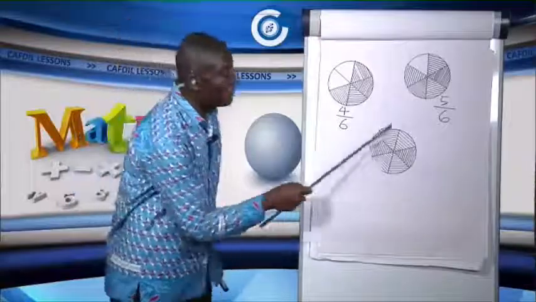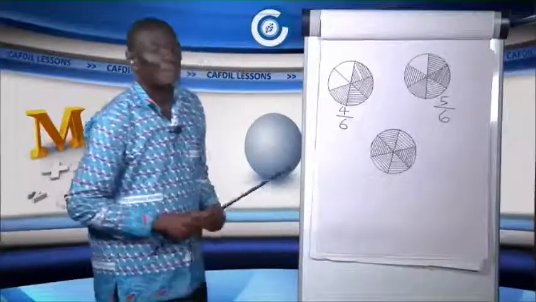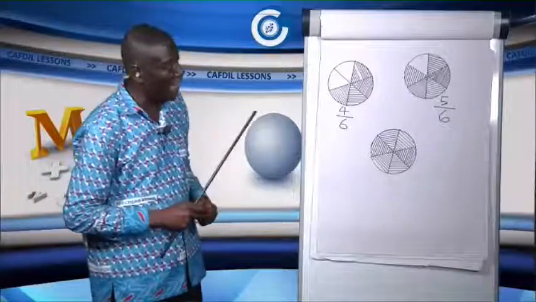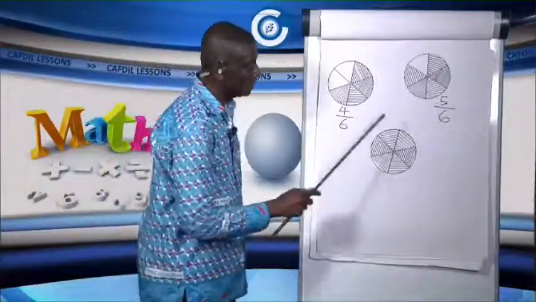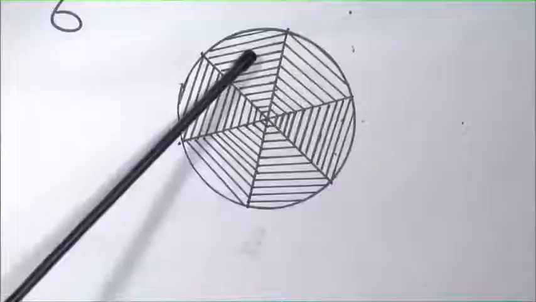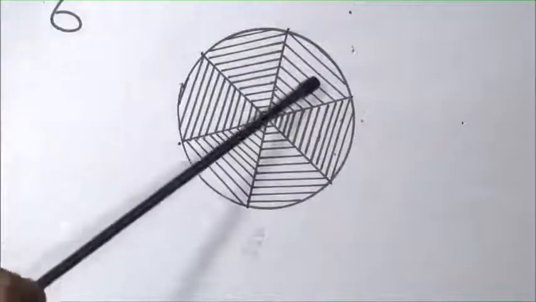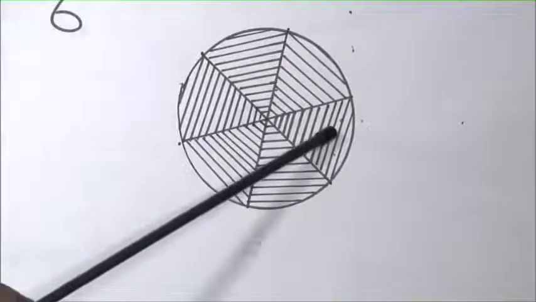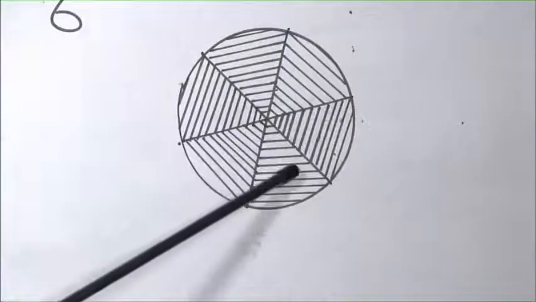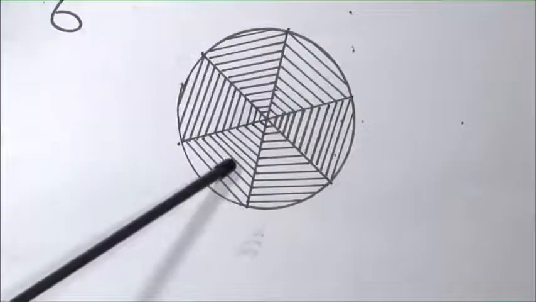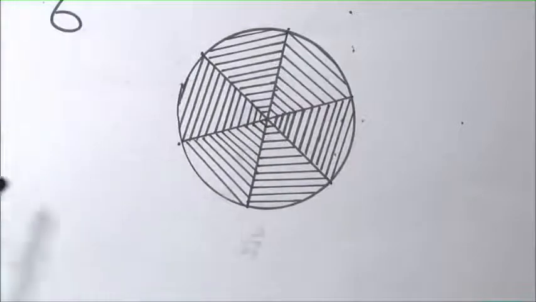We have another circle. How many parts do we have inside it? Let's count. 1, 2, 3, 4, 5, 6. How many parts have been shaded inside the circle?